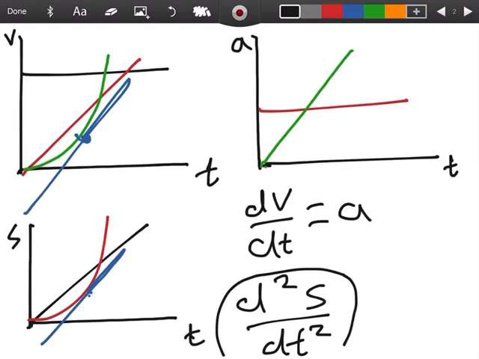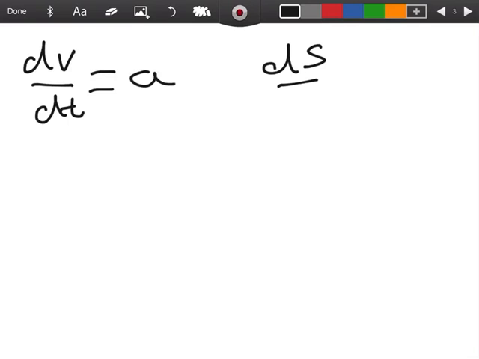Just because it's something that the textbooks tend to skip over a lot, and I think it's just one of those things that annoys me that they don't explain. Right? So, dv over dt equals a, and ds over dt equals v. Alright, you'll find these on your formula sheet, by the way.